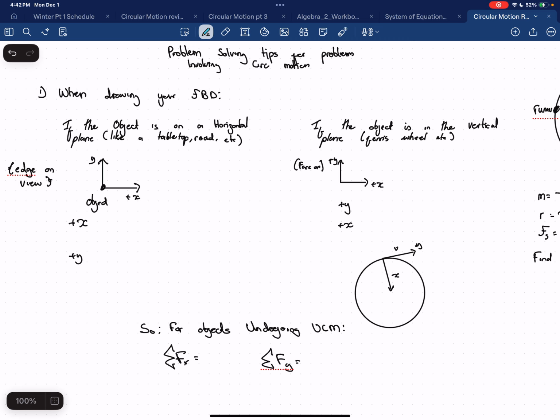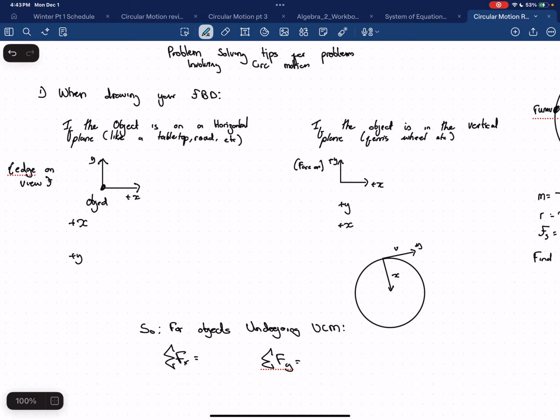When drawing your free body diagram, if the object is on a horizontal plane, like a tabletop, for example a rat running around the floor in a circle, or anything on a flat surface, or a coin spinning around on a table, you have to look at it from an edge-on view. Pretend you're looking at it edge-on.